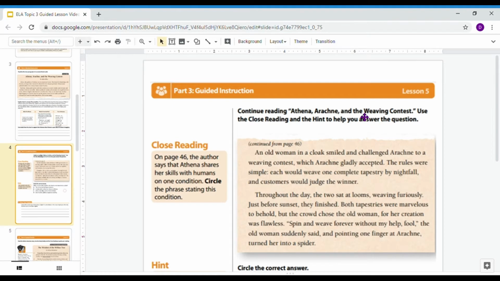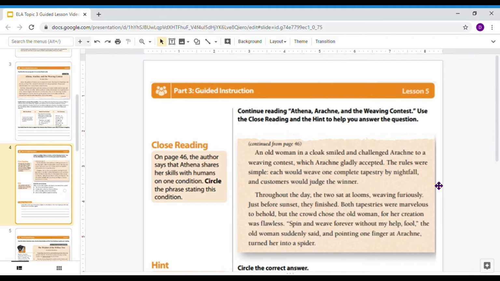An old woman in a cloak smiled and challenged Arachne to a weaving contest, which Arachne gladly accepted. The rules were simple. Each would weave one complete tapestry by nightfall, and customers would judge the winner. Throughout the day, the two sat at looms, weaving furiously.